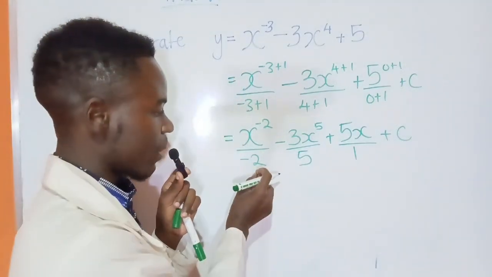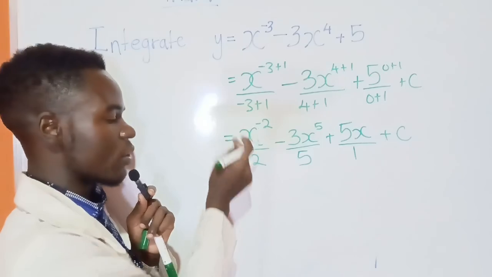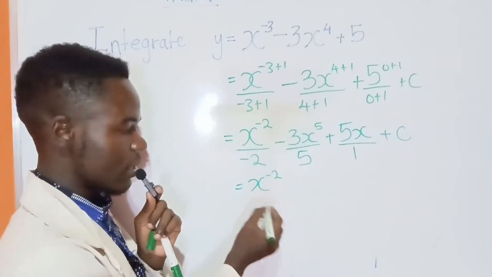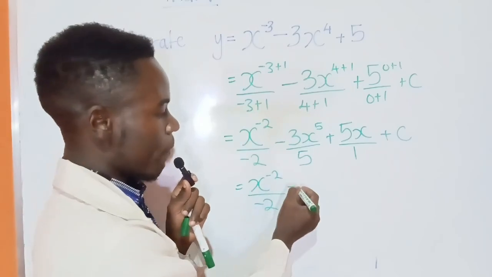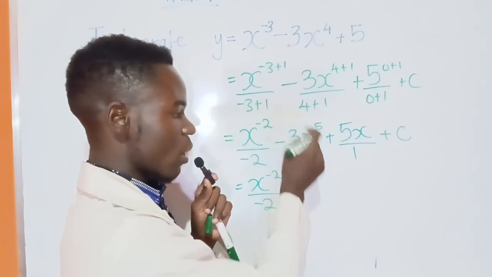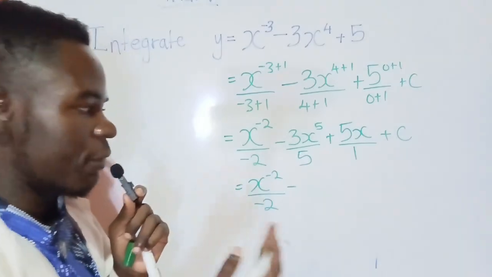If this number could go into 1, we would have divided. Now this can't go into 1, so we just write x to the power negative 2 divided by negative 2. Then minus, this cannot go into 3, so you can't divide. Please never divide if you are having a fractional number.